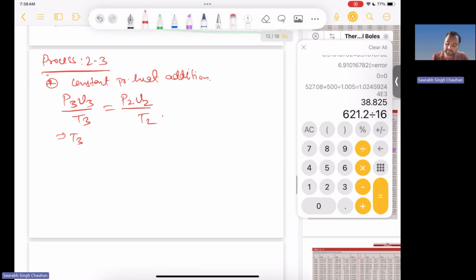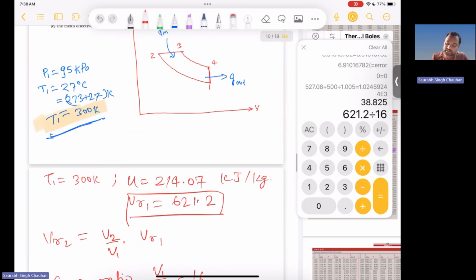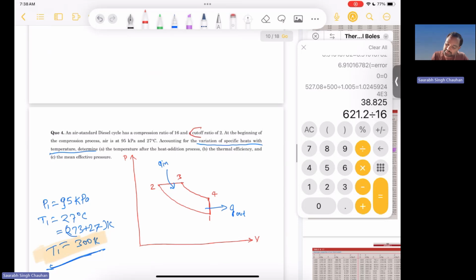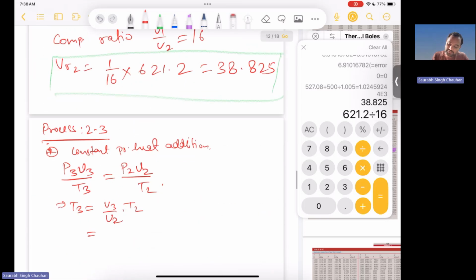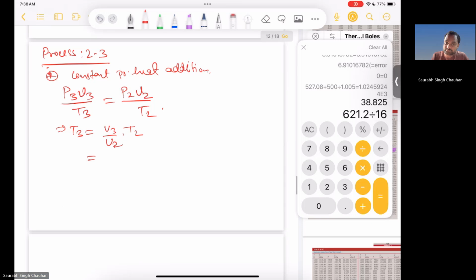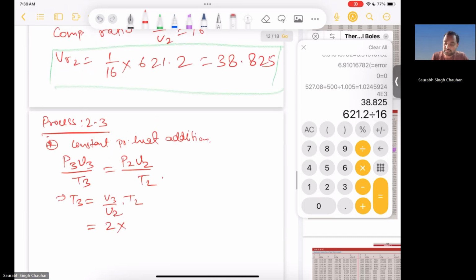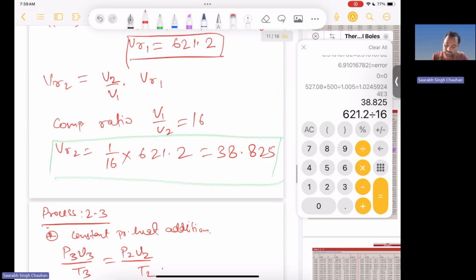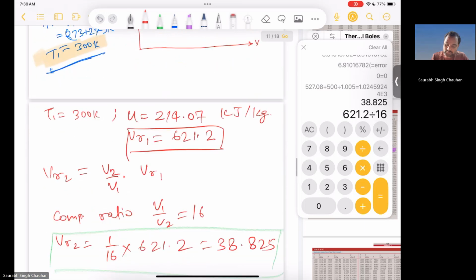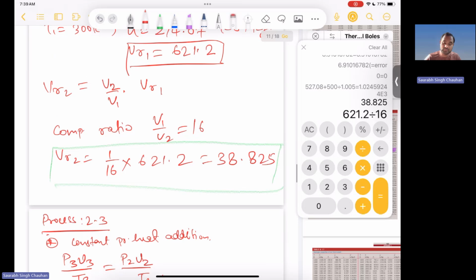So from this relation, you can find T3, which can be written as V3 by V2 into T2. V3 by V2 is the cutoff ratio. Where is the cutoff ratio? It is given to be 2. So 2 into T2. T2 we have just found. Where is T2? Probably we have not found T2 yet.